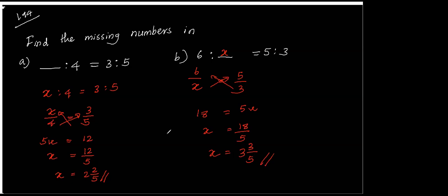So missing number, then under that correct it and write. I forgot to do it. So then you can write 2 and 2/5 to 4 equals 3 to 5. Like this. Complete the answer. 6 to 3 and 3/5 equals 5 to 3.